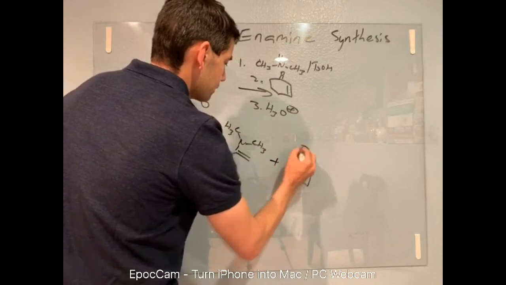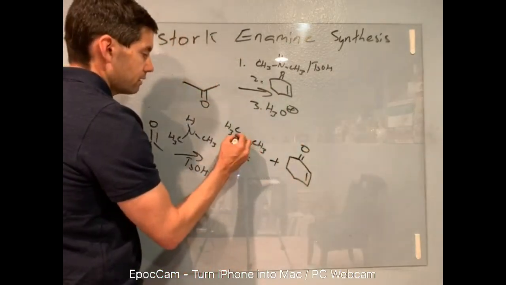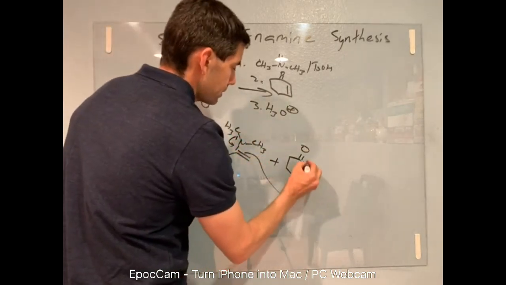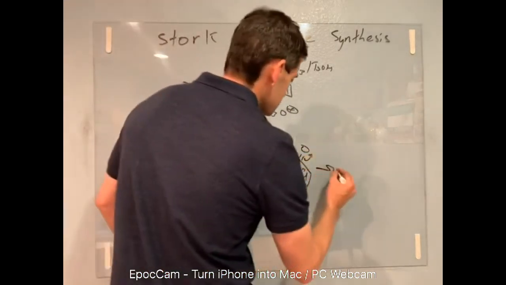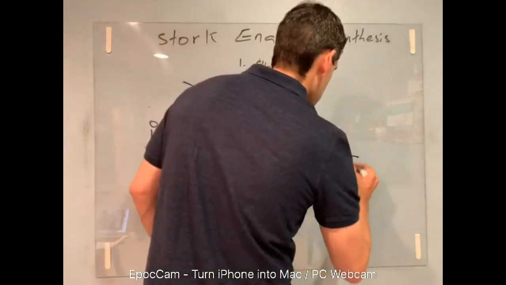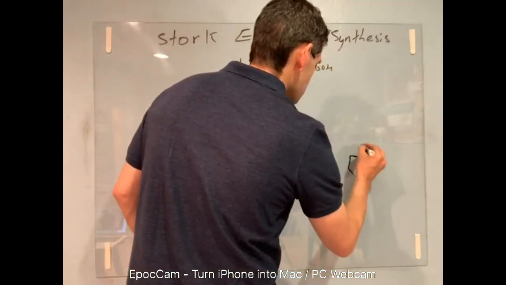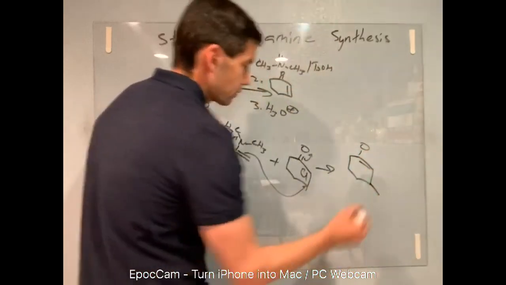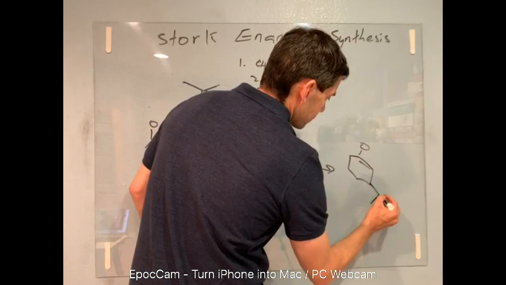And just like we saw before, these electrons are going to come down. These are going to attack here. Electrons pop up here. This comes here. This goes here. And this is where that carbon group is going to be added to.